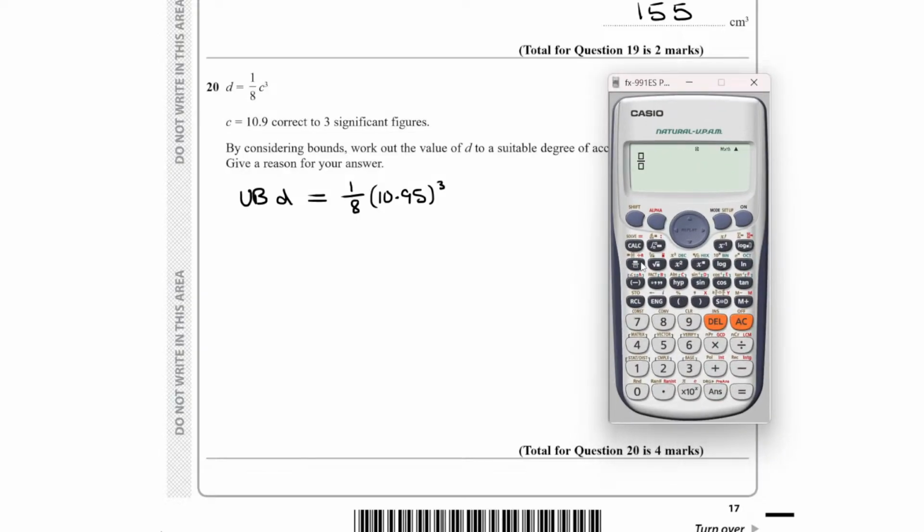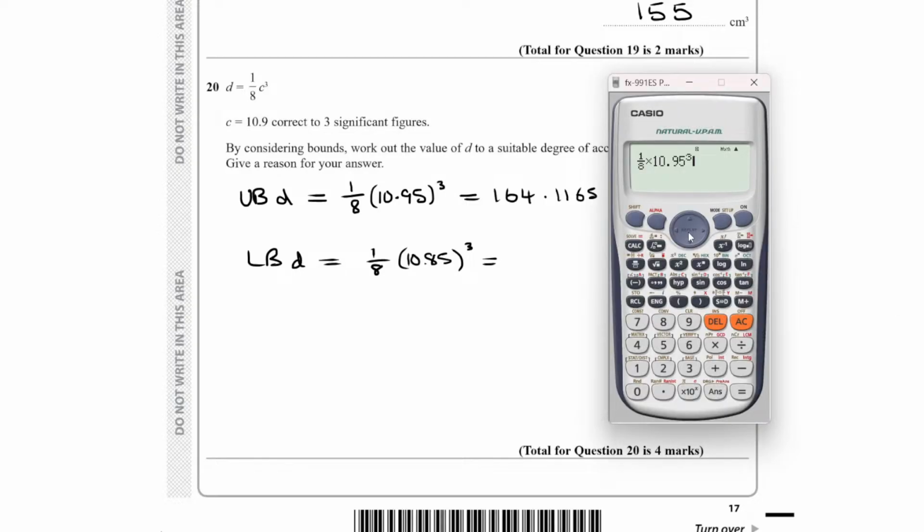So we want 1/8 times 10.95 cubed. That gives 164.1165... The lower bound of D is then obviously using the smallest value of C, which is the lower bound of C, so that's 10.85 cubed.